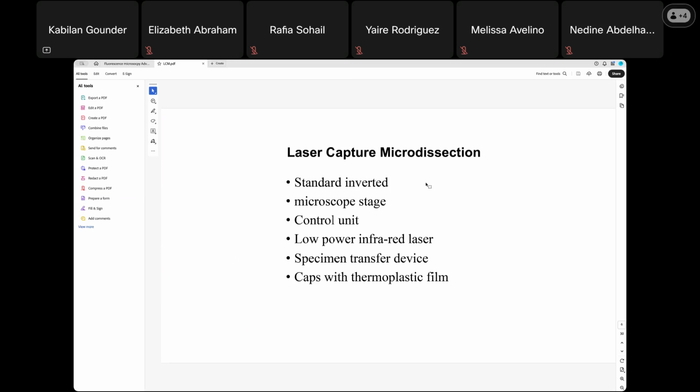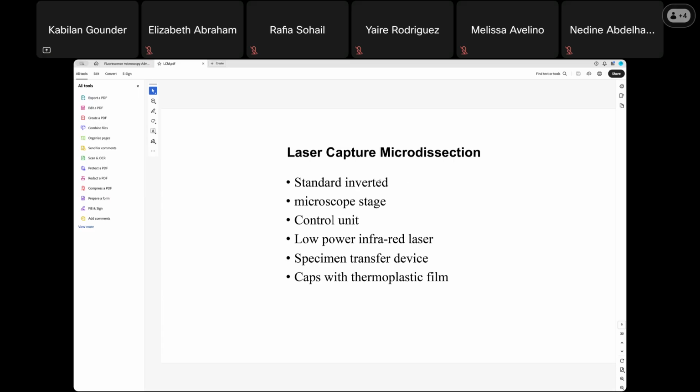So here, the laser capture microdissection microscope is like a standard microscope where we integrated the fluorescence components into the light microscopy. Similarly, either fluorescence microscopy or bright field microscopy, if you attach some components to this, then we call it a laser capture microdissection microscope.